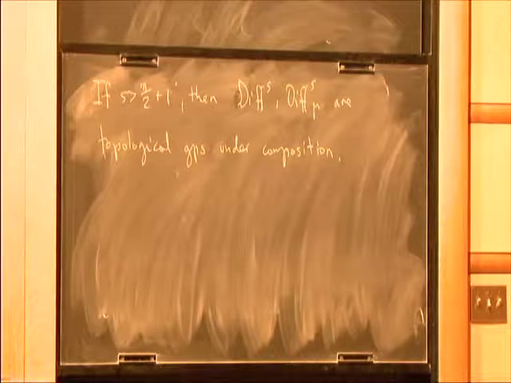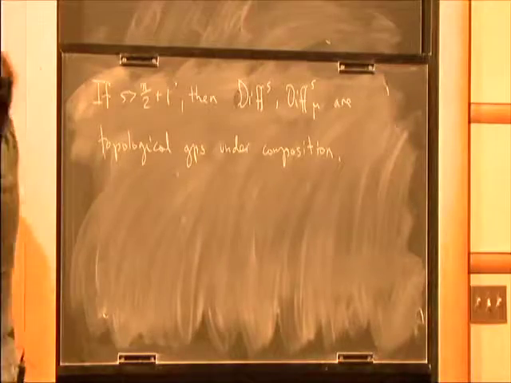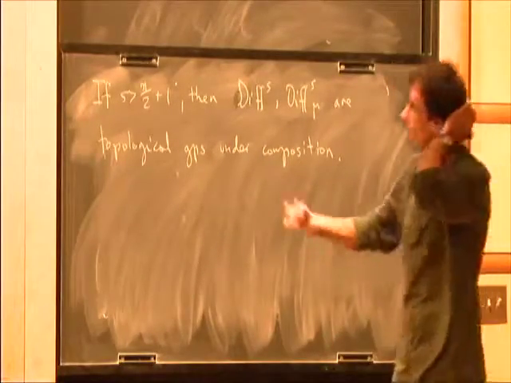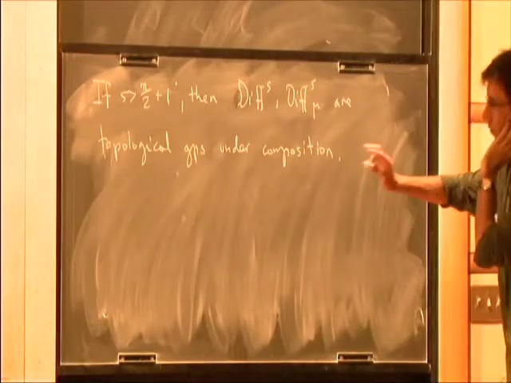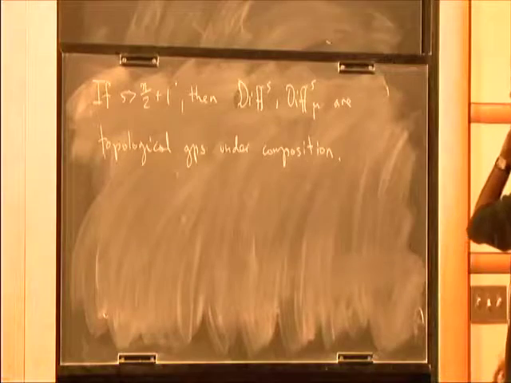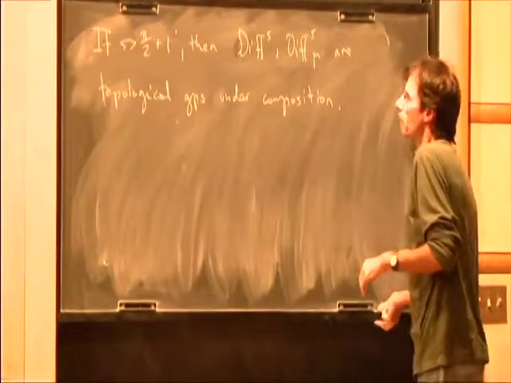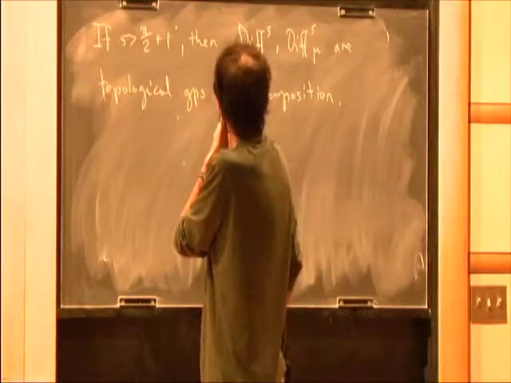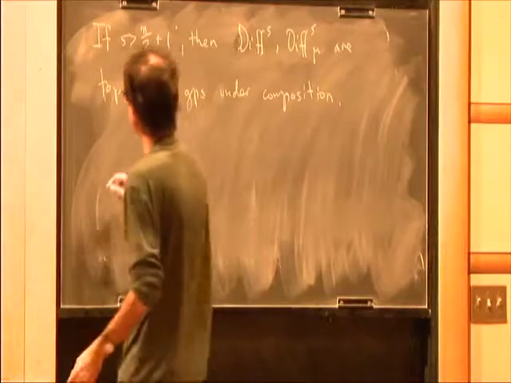A lot of this was developed, as I said, in the 60s and can be found, for example, in Palais, at least in the case when s is sufficiently big, which is sufficient for our purposes. If s is so big, then both these spaces are topological groups, but they're not Lie groups.